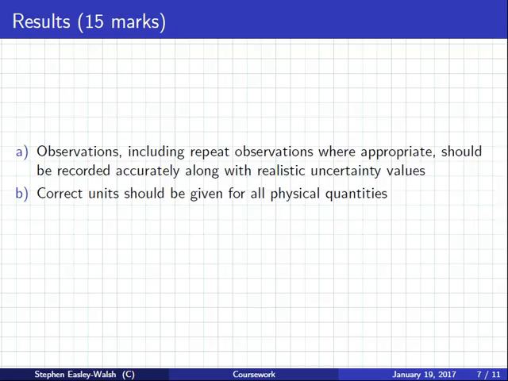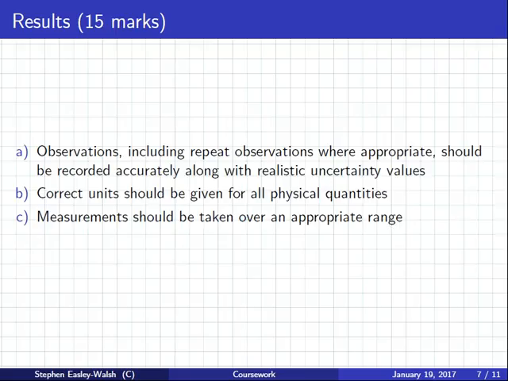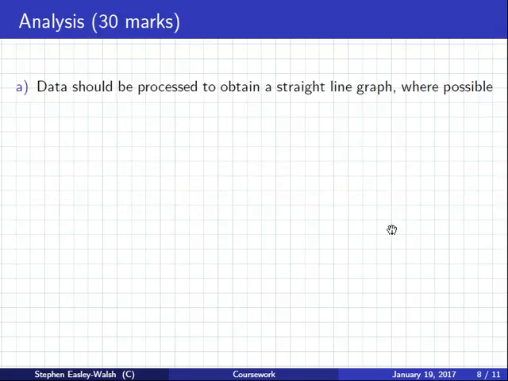They don't use decimal places, so the smallest value is 1 gram, so it's half the smallest value. Okay. Measurements should be taken over an appropriate range, which you did. What did you go from, 50 to 400, 450, 500, yeah. And those are the main things for the results.